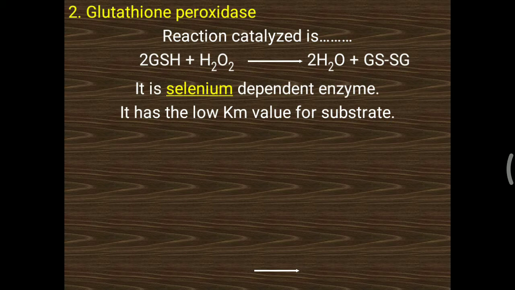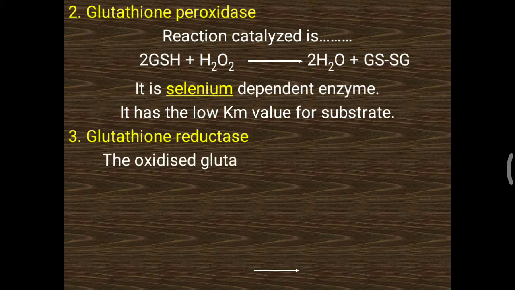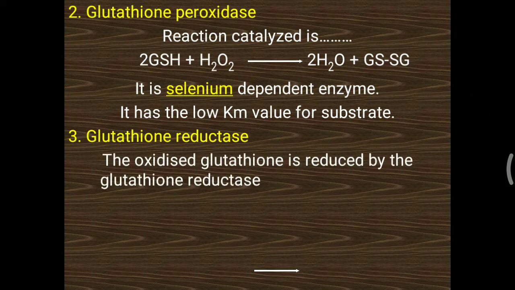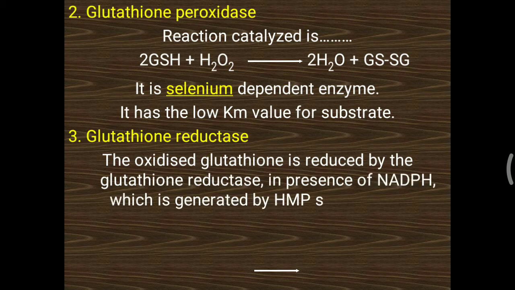Now whatever oxidized glutathione is formed is reconverted into glutathione with the help of the glutathione reductase enzyme. So this oxidized glutathione is reduced by glutathione reductase in the presence of NADPH. NADPH is an important coenzyme, which is generated by the HMP shunt pathway and the enzyme glucose 6-phosphate dehydrogenase.